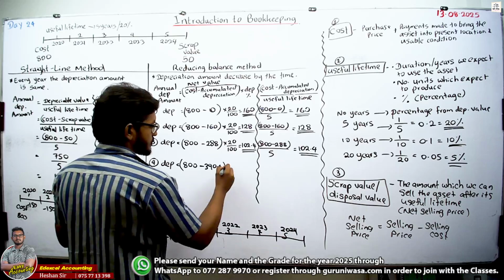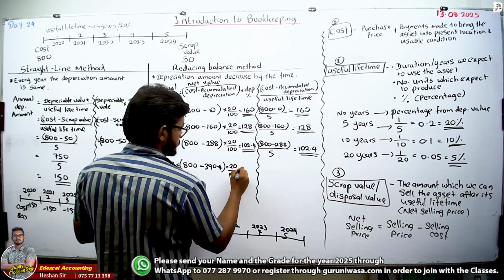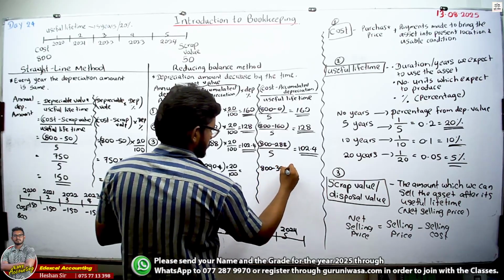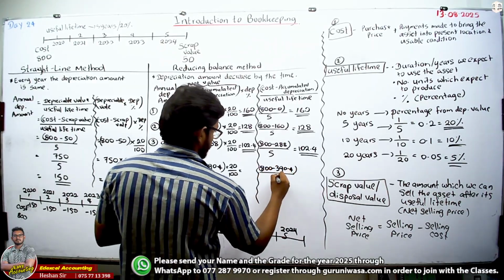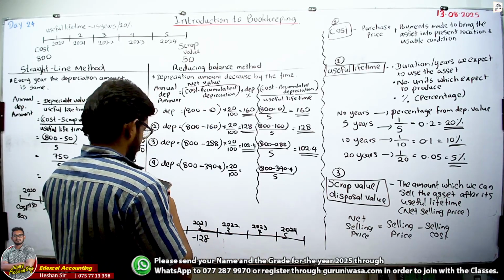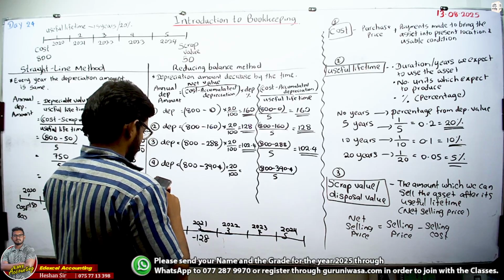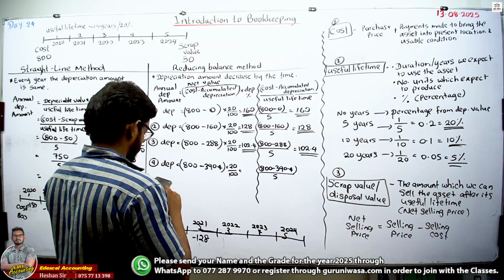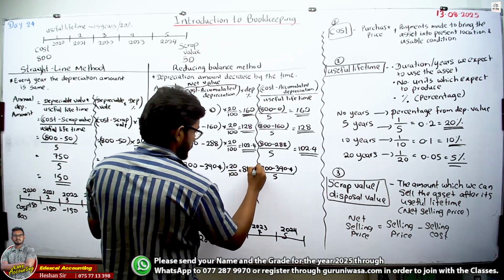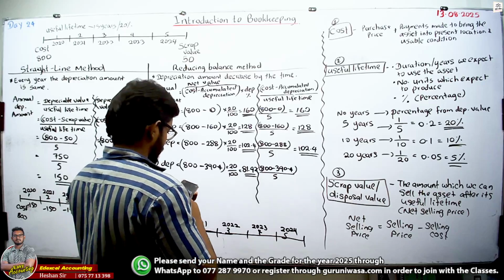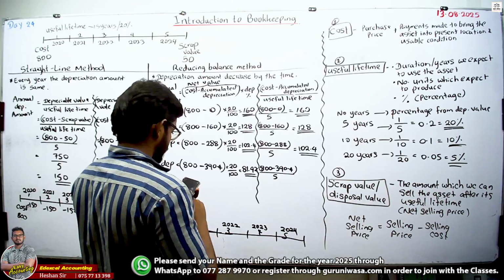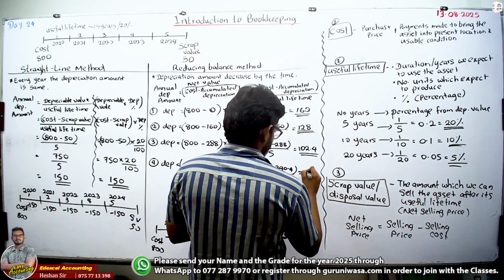The same answer. 20 upon 100 gives 81.92. I'm verifying from both ways whether it's correct.